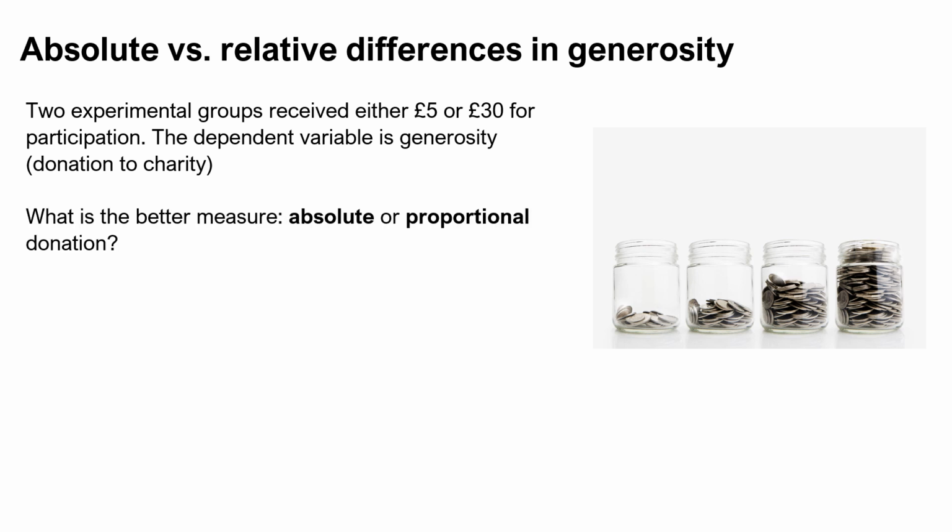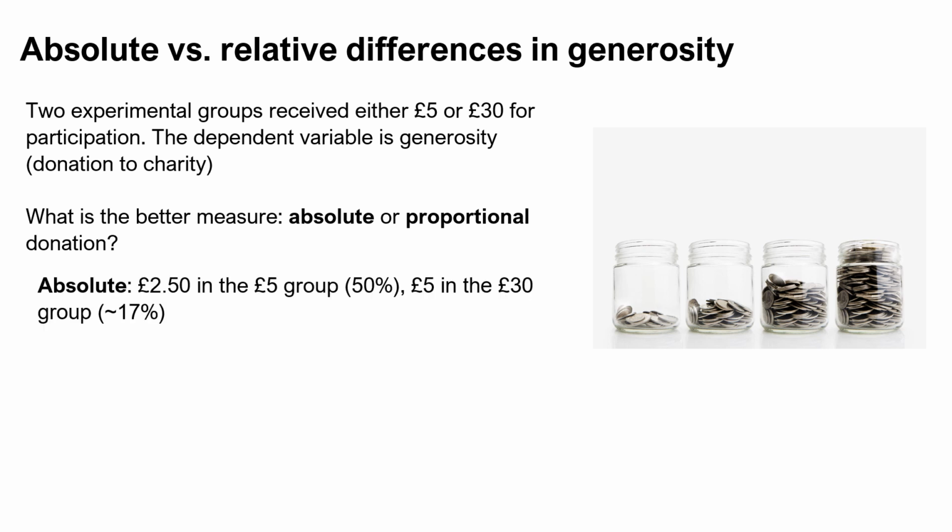So what do you think would be the better measure here? Would it make more sense to look at the absolute score, so specifically how much money they chose to donate, or should we be looking at the proportional donation, so how much they donated out of what they received?